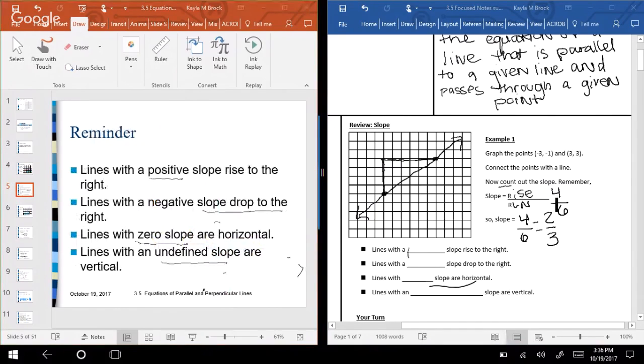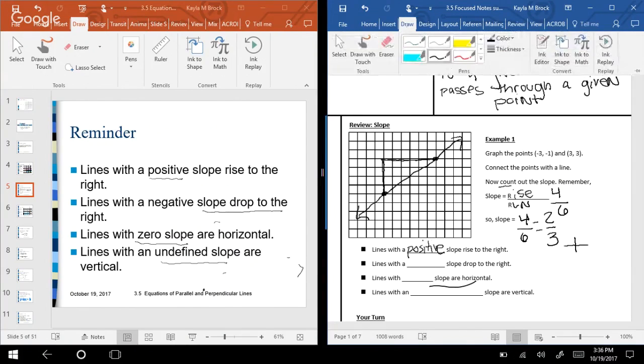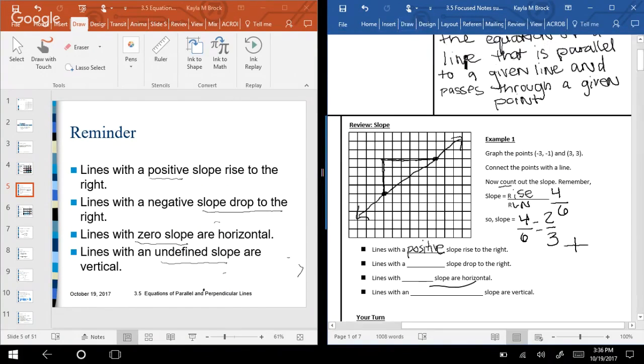Lines with a positive slope rise to the right. And that would look like this. Okay, this is what a positive slope looks like.